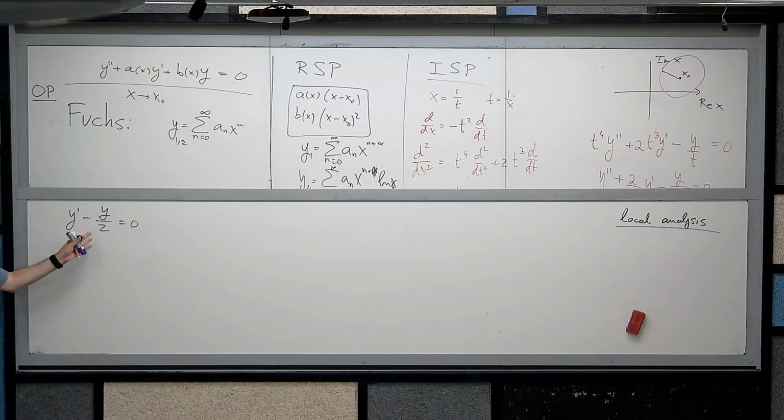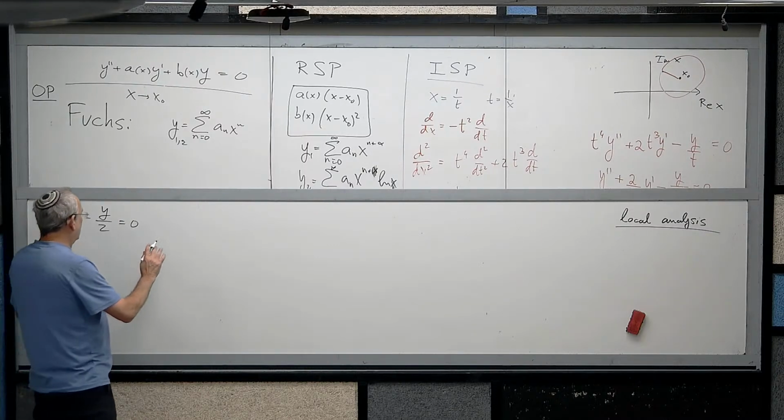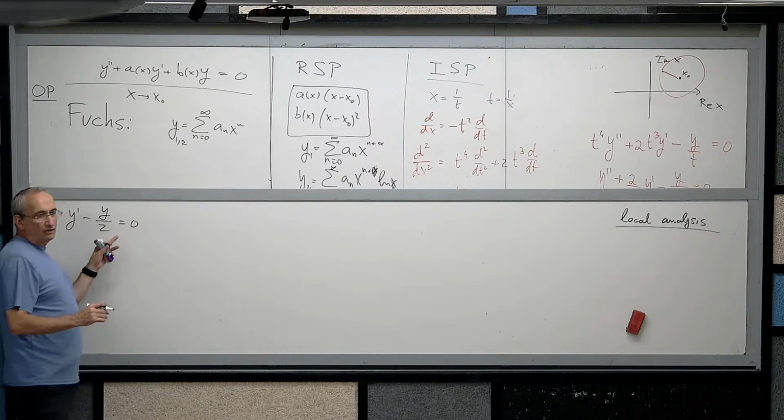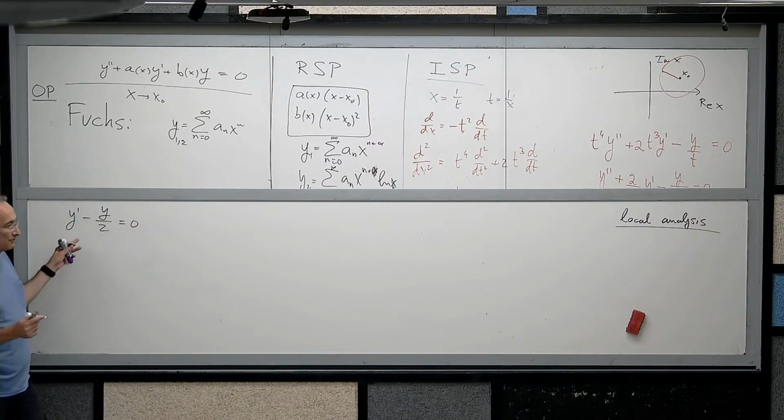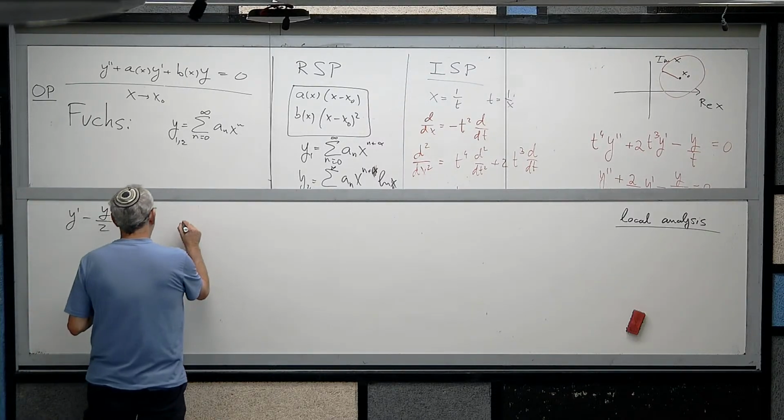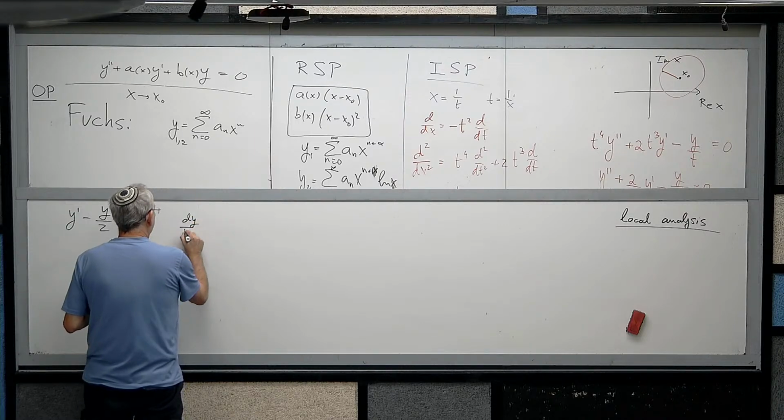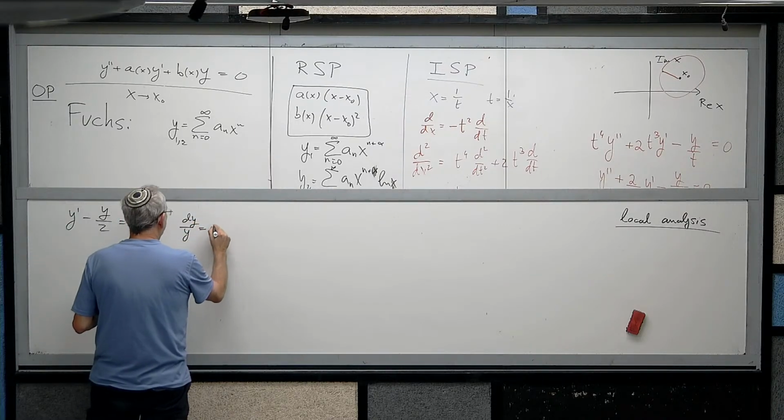So at the vicinity of x equals 0, this is an ordinary point. Now, we can solve it by saying that dy over y, this is an exact equation, is equal to 1/2.